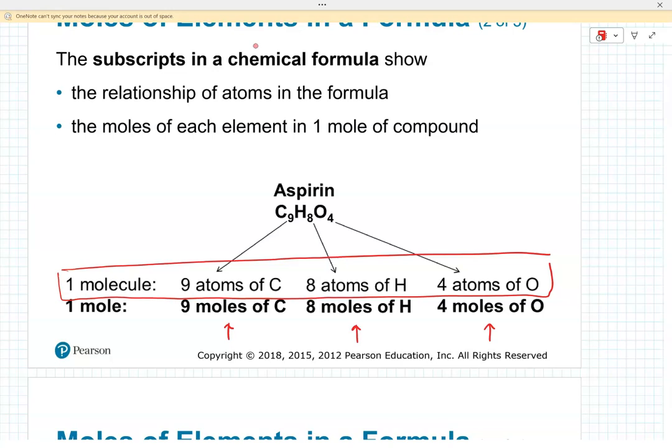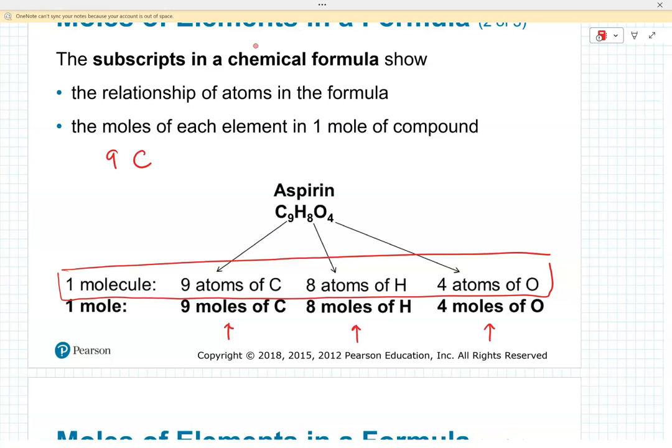So how many atoms of carbon in one molecule? 9. What is a mole? And it is a number. It is a number like 4 or 76. Does that make sense?